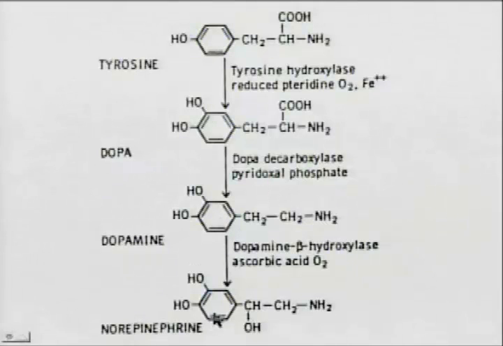The dopamine is converted to norepinephrine by dopamine beta hydroxylase. Ascorbic acid and oxygen are cofactors. So dopamine beta hydroxylase adds a hydroxyl group to the beta carbon in this molecule. So a hydrogen is removed and replaced with a hydroxyl group to produce norepinephrine.